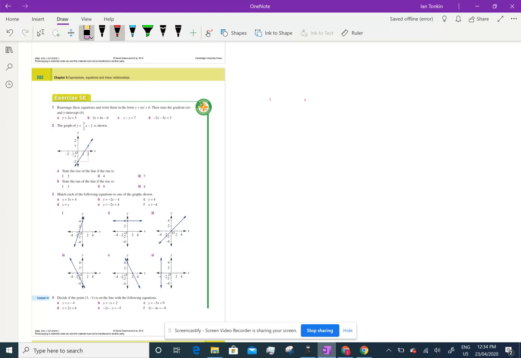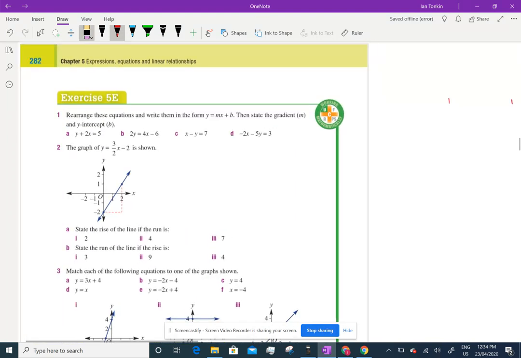So here we are. Now you'll notice also that I skipped 5A, B, C, and D. That's because they're just linear expressions or expressions in algebraic terms, which you already have the basic grasp of.